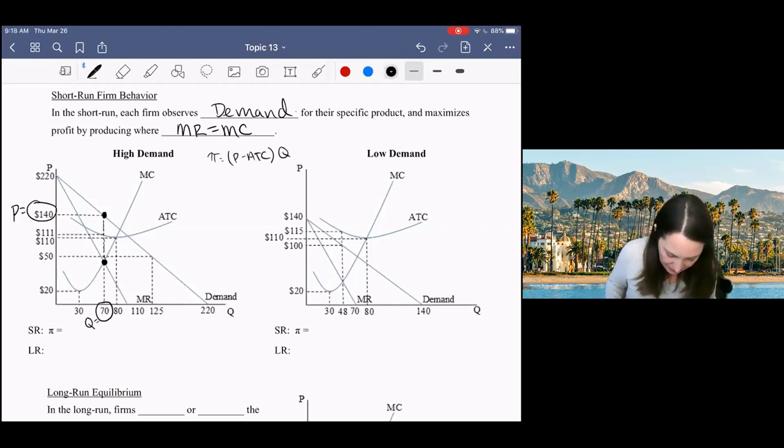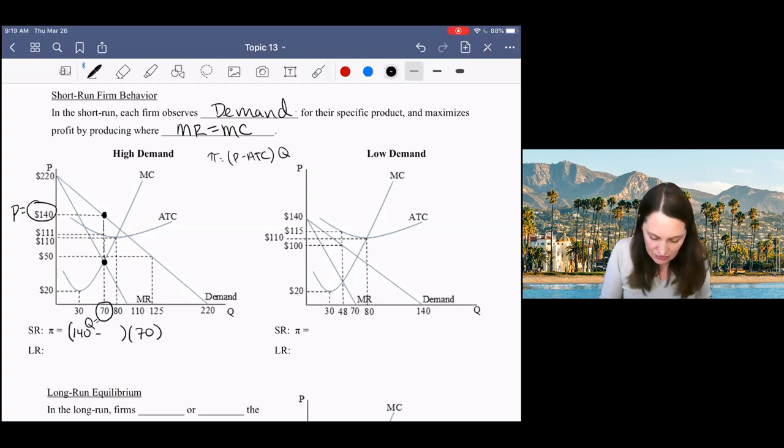So if I'm going to calculate profit here in the short run, I've got 140 minus, I need my average total cost, and then times 70. So to get average total cost, I'm going to go up from a quantity of 70 to my average total cost curve. And then I can see that my average total cost is 111.